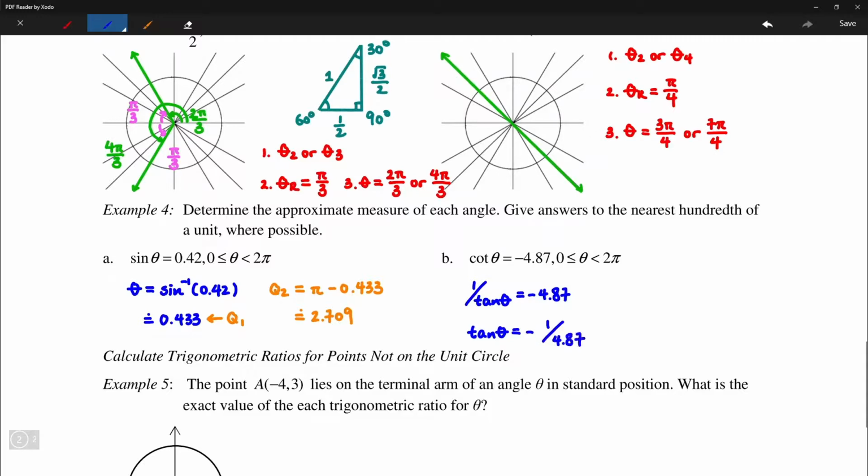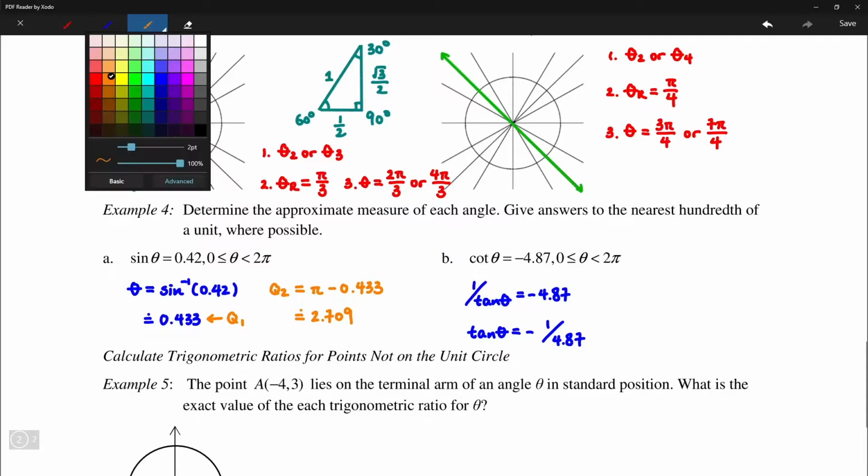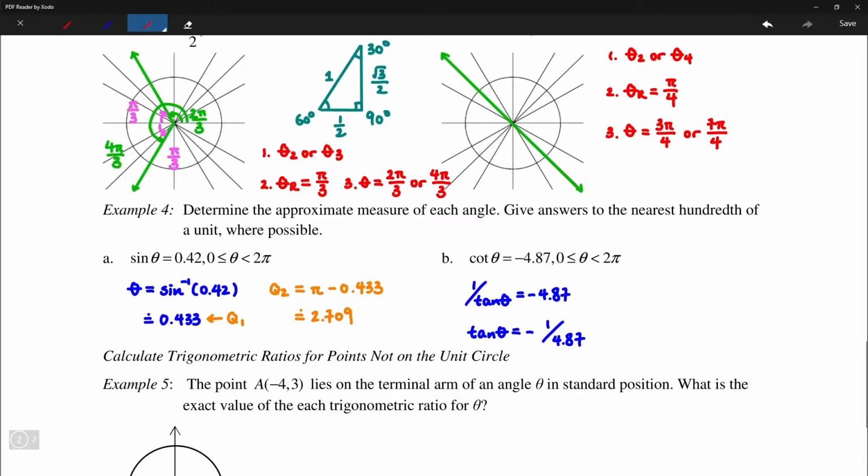Now, tangent theta is negative in quadrants 2 and 4. So what we are going to do here is start by finding the reference angle. So we're going to do theta r is equal to arctangent of positive 1 over 4.87.